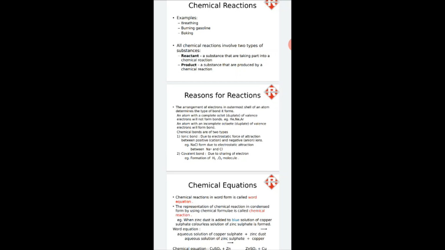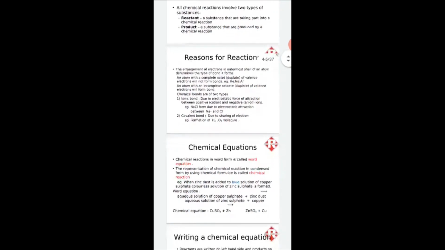And product means that when substances react with each other, the newly formed substance is known as a product. The definition is a substance that is produced by chemical reactions.